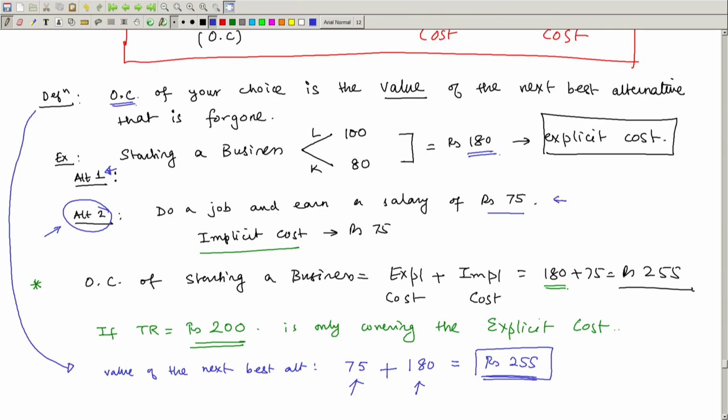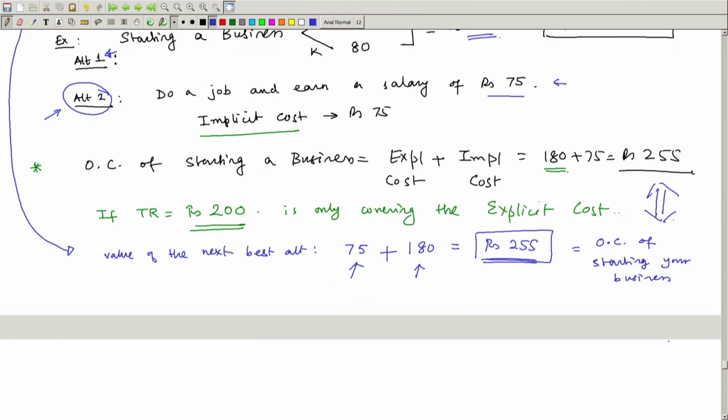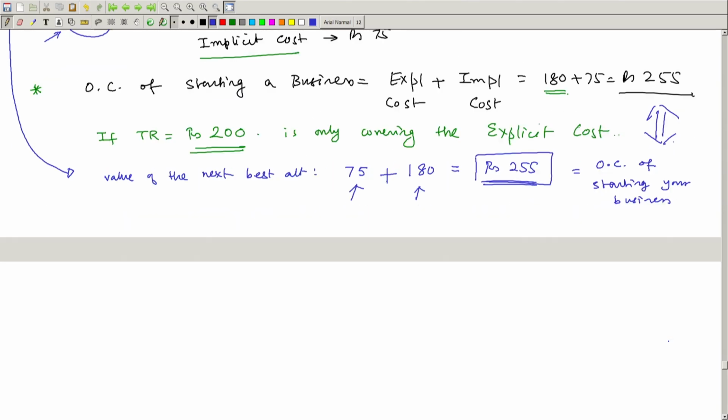So the value of the next best alternative is 255 rupees, which is the opportunity cost of starting your business. And notice, when I use the definition explicit cost and implicit cost, I also got the same answer, right? So whether I use the simple formula or whether I use the notion of the value of the next best alternative foregone, I'm getting the same answer.